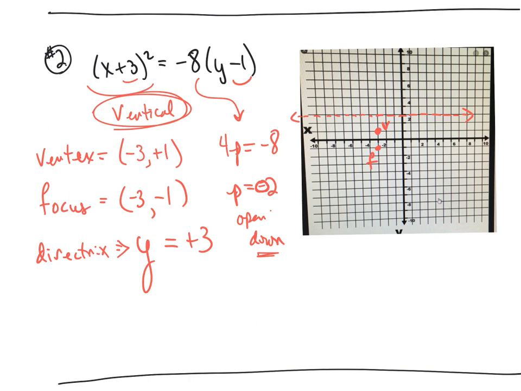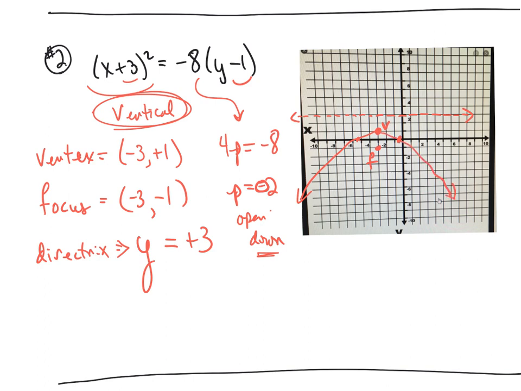So the last thing we have to do is just get a ballpark idea of what the graph is going to look like. I'm just going to do the best I can, pick a couple of points that I think will be the same distance away from the focus and the directrix. Just eyeballing it, and then I'll be able to sketch my parabola through those. I'm just going to try that one again. That turned out kind of ugly.